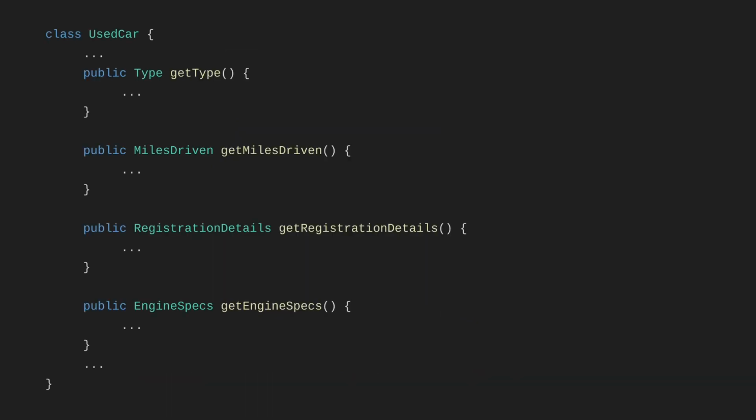Let's say we have a used car base class in some car dealership management software. We have methods for common functionality like type, miles driven, registration details, engine specifications, and so on.